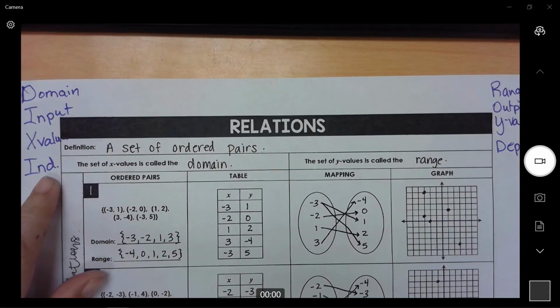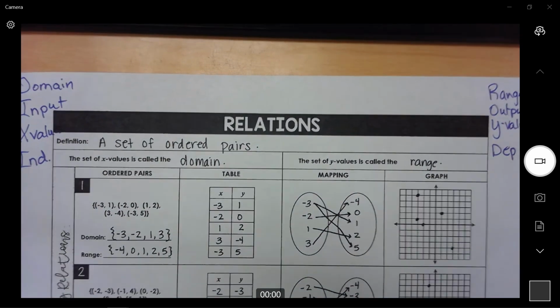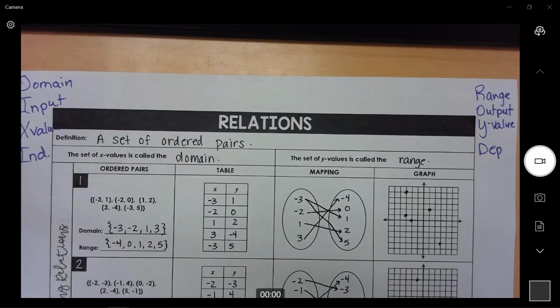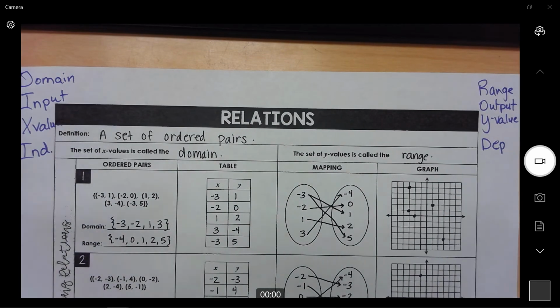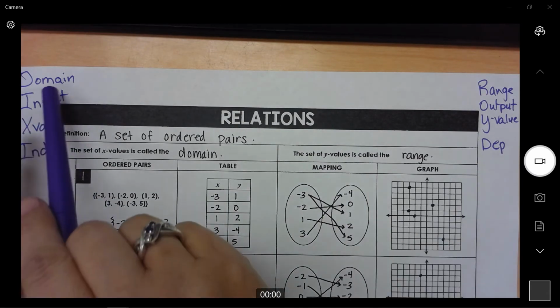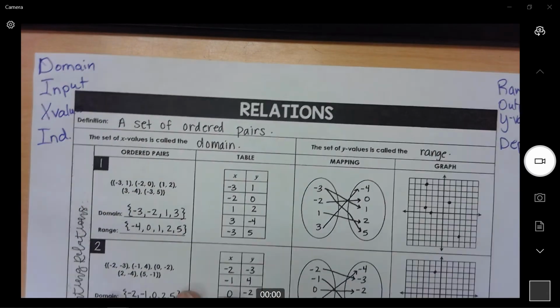So your parents are independent because they have their own job, they're adults, etc. You are dependent, you are the child. So here's the way to remember this. You depend on your parents. So your parents give you money so that you can buy food. They're the domain, you're the range.